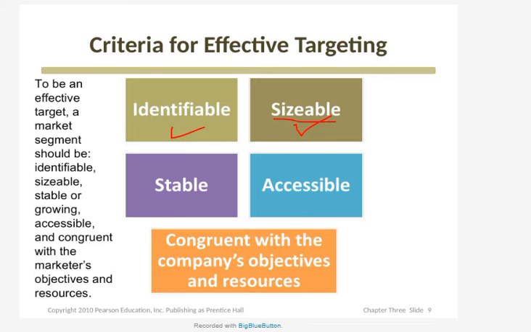Okay? What else? They must be stable. What does stable mean? Their characteristics are stable, meaning they don't change quickly. Children's needs have always been the same, not easily changing.